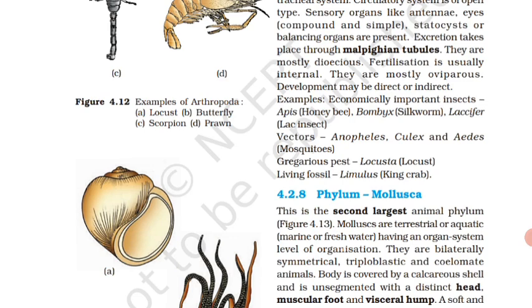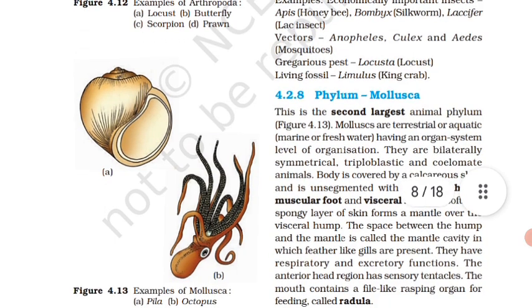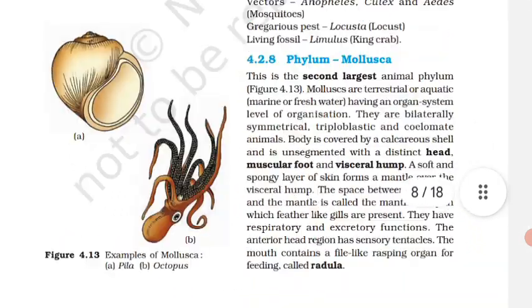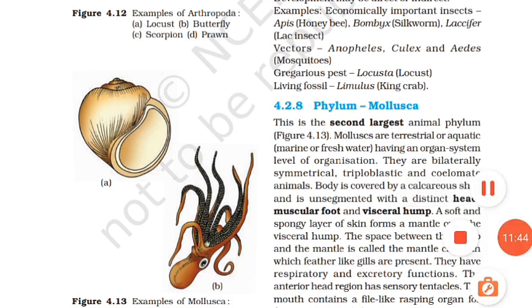Next phylum is Hemichordata. Hemichordata was earlier considered as a subphylum under phylum Chordata, but now it is placed as a separate phylum under non-Chordata. Hemichordata have a rudimentary structure in the collar region called stomochord, a structure similar to notochord.